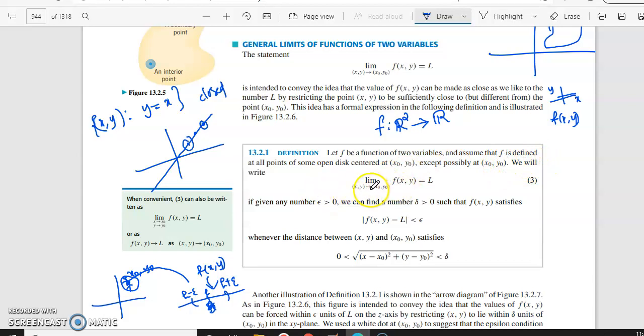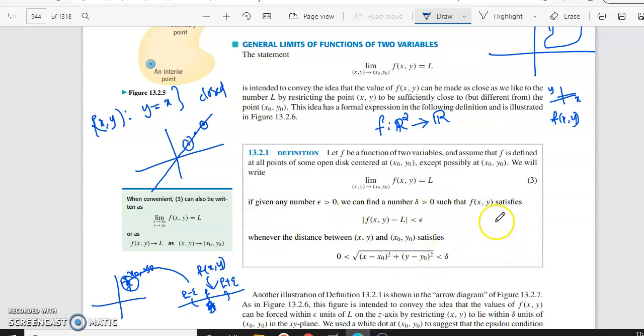Then by saying limit xy tends to x naught, y naught, f of xy equal to L, we mean that for given epsilon greater than 0, we can find a number delta greater than 0 such that the modulus of f of xy minus L is less than epsilon whenever 0 is less than the square root of (x minus x naught) whole square plus (y minus y naught) whole square, which is less than delta. So this is the epsilon delta definition for the limit.